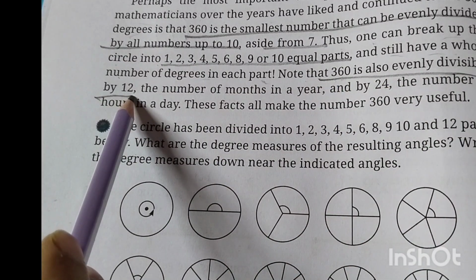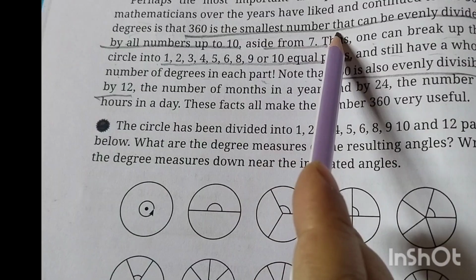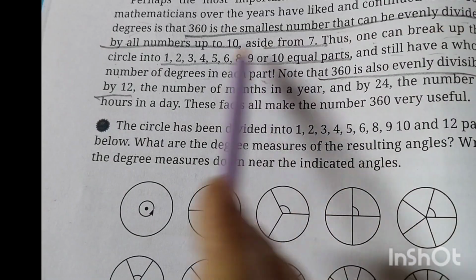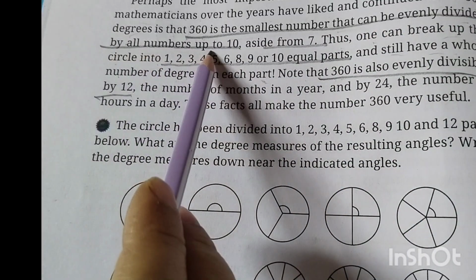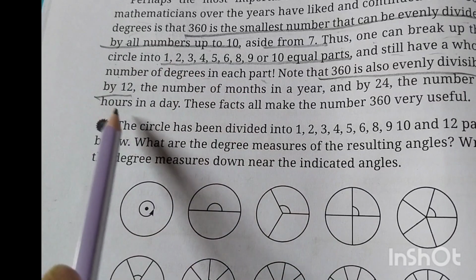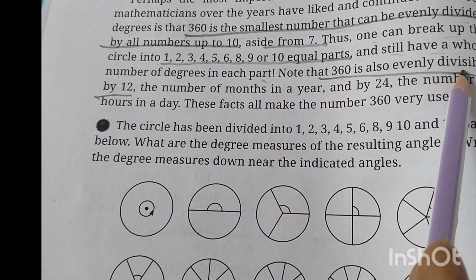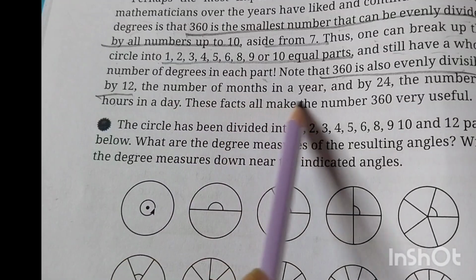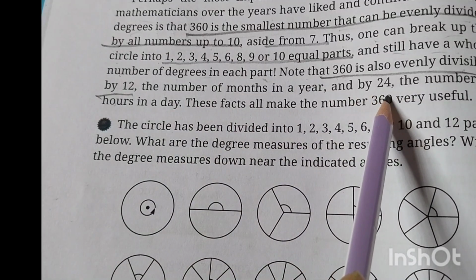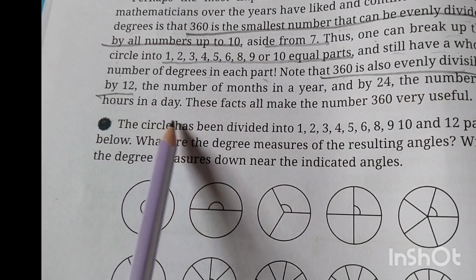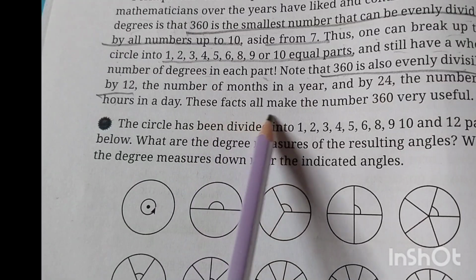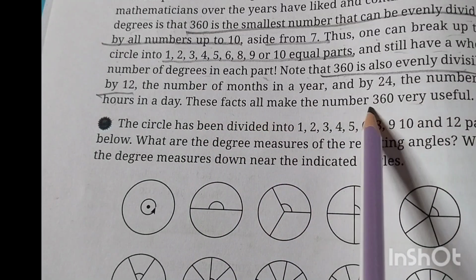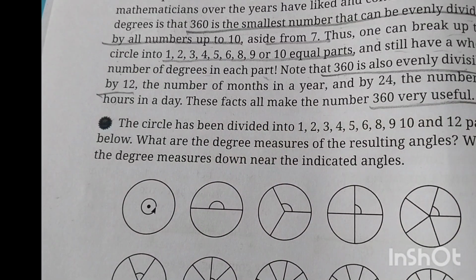This is the second reason. First one is 360 is the smallest number that can be evenly divided by all those numbers. Number 2, why 360 is chosen? 360 is also evenly divisible by 12, very important, the number of months in a year, and by 24, the number of hours in a day. These facts all make the number 360 very useful.